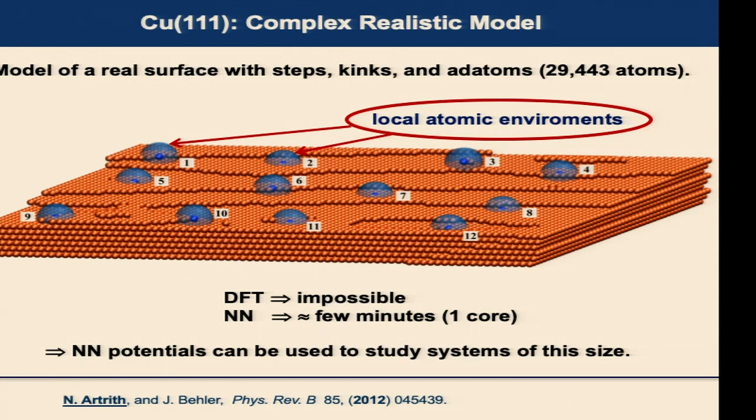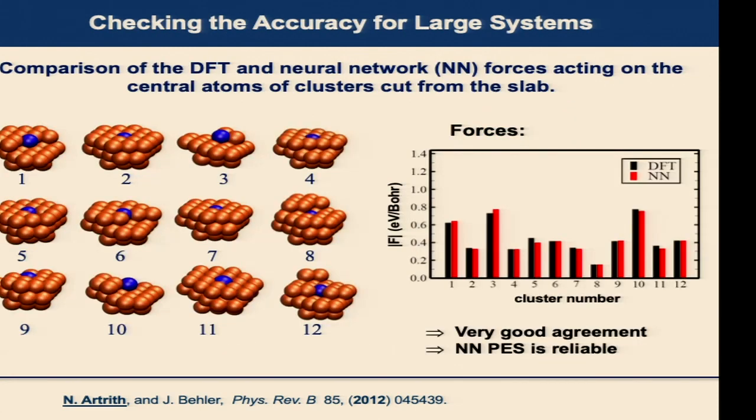The forces acting on each atom that we selected should be the same, whether the system is small or large. So we look here at the atomic forces of those 12 atoms. You can see that the atomic forces from the neural network and DFT are really the same, I would say. So it means our neural network potential here is reliable.